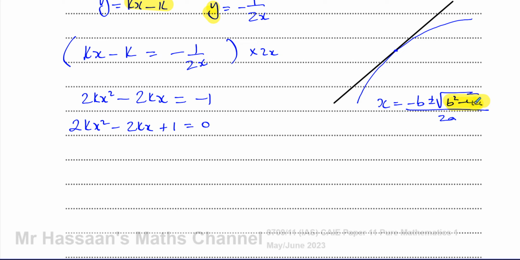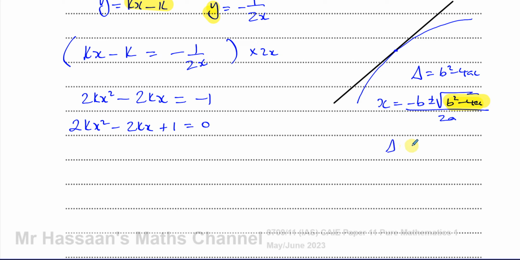Because if this is positive, you'll have minus b plus or minus something over 2a. So you have two different answers. Minus b plus something, that's one answer over 2a, and minus b minus something, that's another answer over 2a. So you have two answers if this is positive. So the discriminant, sometimes given a symbol like a triangle, is b squared minus 4ac.